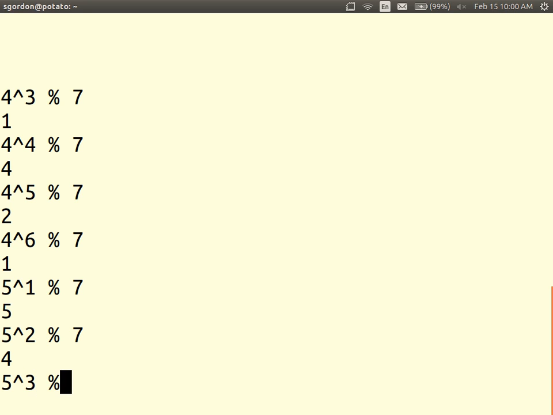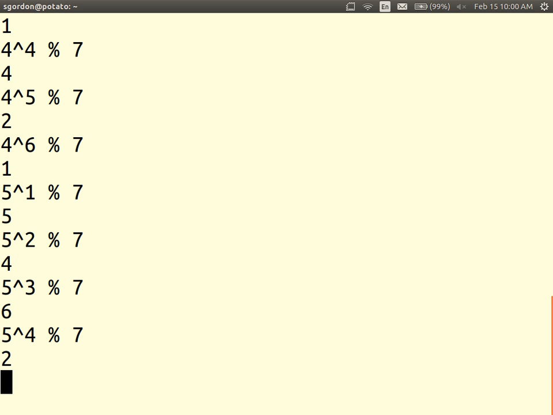Five to the power of 3, mod 7. So with 5, the answers are 5, 4, 6, 2, 3, 1.